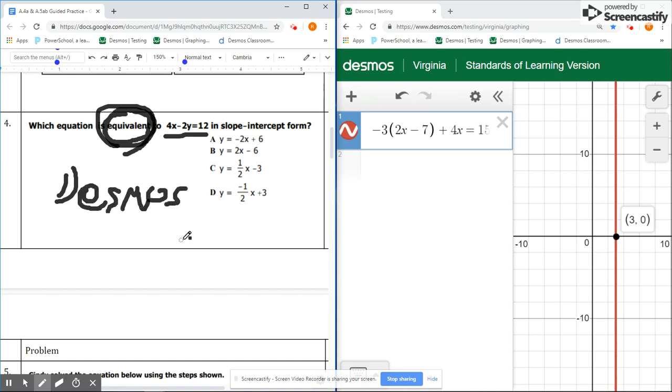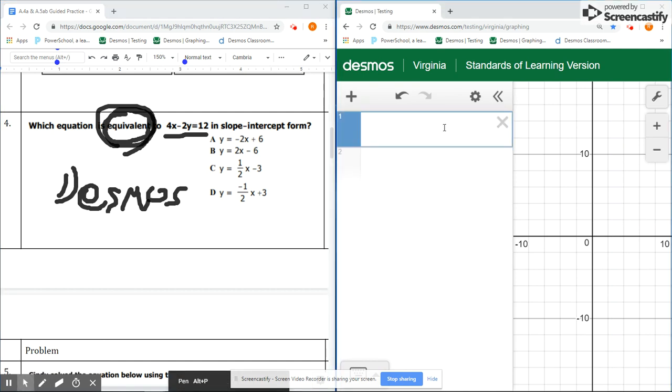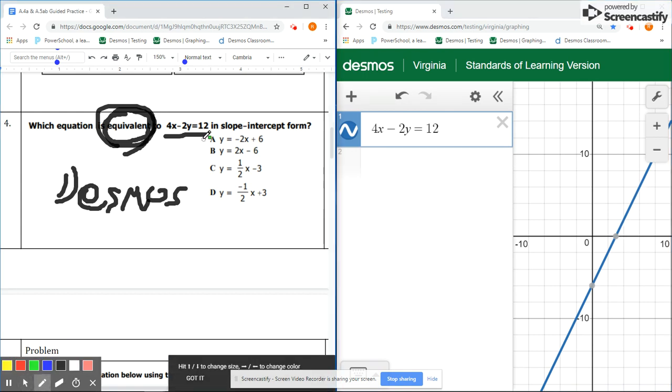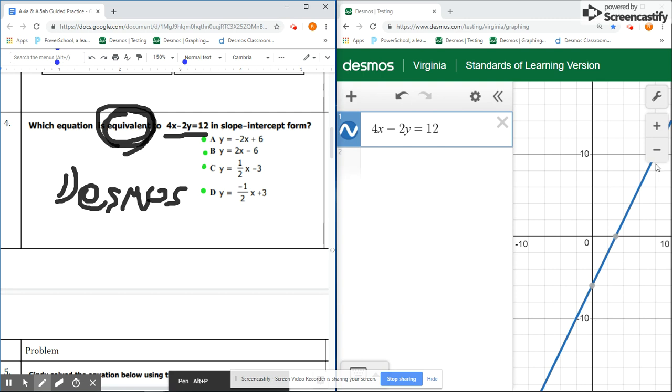You could solve this for y, but we're just going to use Desmos because it will help us, and there's less chance that we make a mistake. Okay, we have 4x - 2y = 12. Here's the line in blue. We're going to type in each of these answer choices, and whichever ones are equivalent to this blue line, remember equivalent means the same, those will be our answers.